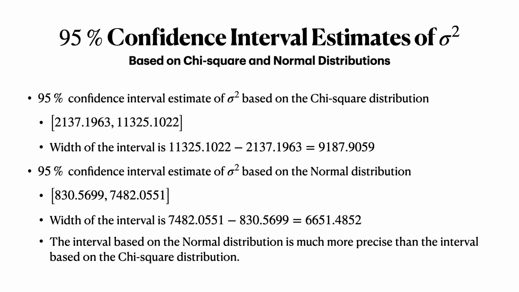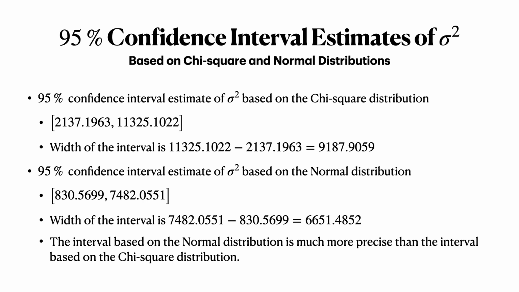The 95% confidence interval estimate of sigma squared based on the normal distribution ranged from 830.5699 up to 7482.0551. This was a symmetric interval, in the sense that the length of the portion of the interval above the point estimate is equal to the length of the portion below it.